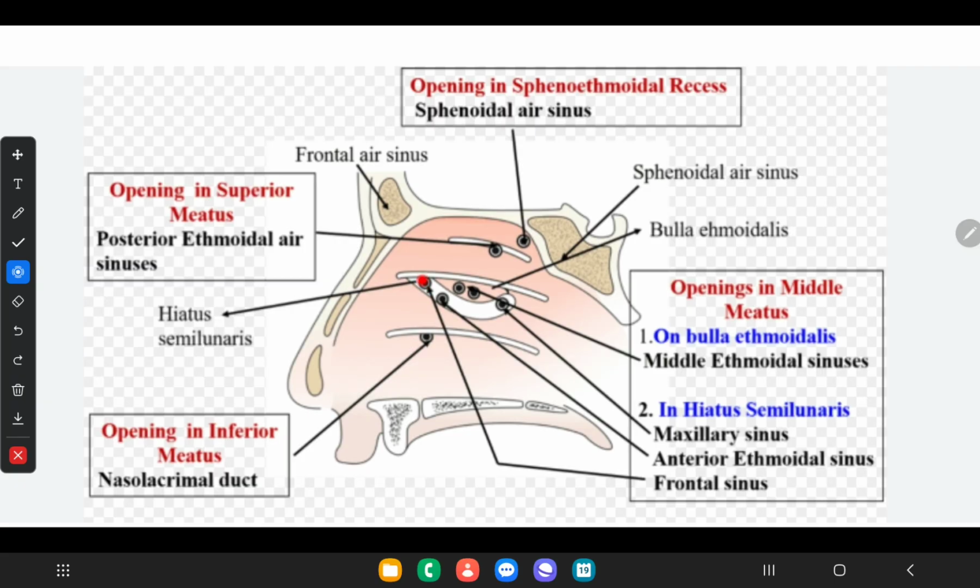Here you can see the hiatus semilunaris in this area. So this is the area where the frontal sinus drains into the middle meatus, the infundibulum of the middle meatus.